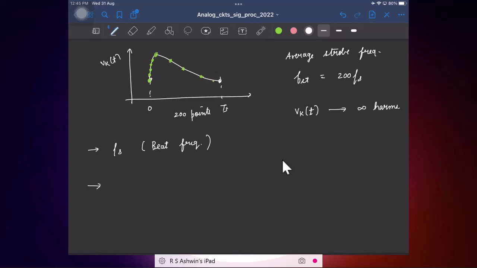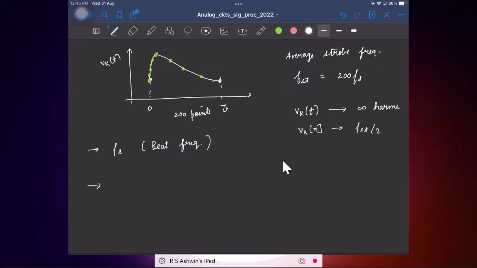But now I'm only taking finite samples. So I'll have, say, v_dc of n. Of course, they're not uniformly sampled, but these are discrete time points. And the average sampling frequency I have told it as some Fst. So it makes sense that the maximum frequency that you can represent will be related to Fst by 2. Is it clear?